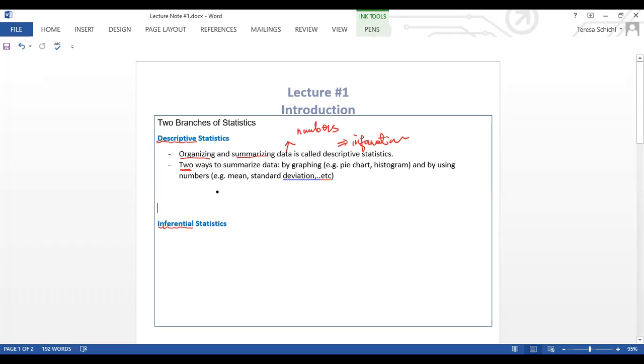Right now we are in a time of what we sometimes call big data sets, so there is a lot of data. To be efficient, there are many different software options, even Excel.